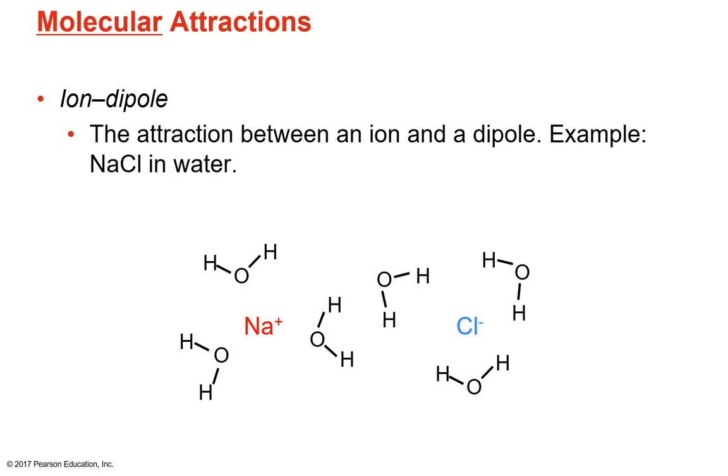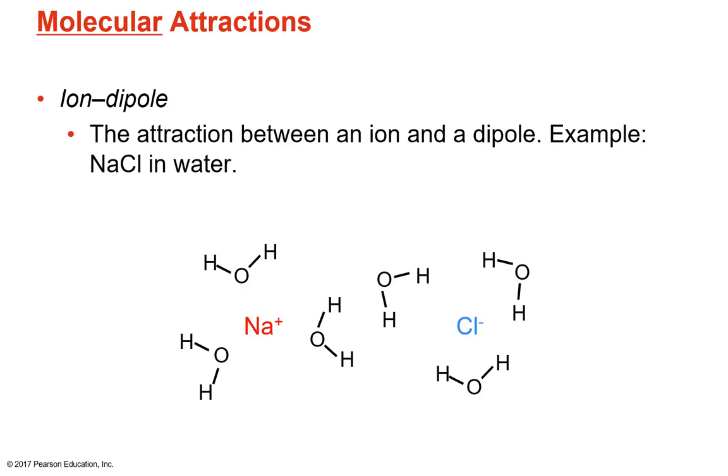Attractions between molecules. What we just saw was dipole-dipole. But that's not the strongest attraction between molecules. The strongest is ion-dipole. So we're putting these in now in order of strength. So this is between molecules, not between atoms.